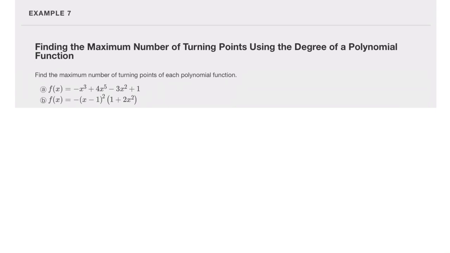Find the maximum number of turning points on each polynomial. Okay, so the degree of the polynomial in part A is degree 5 because that's the highest power. So then it has at most 4 turning points.